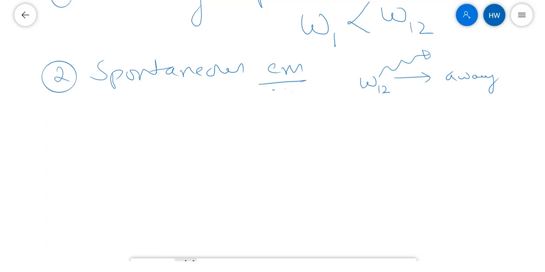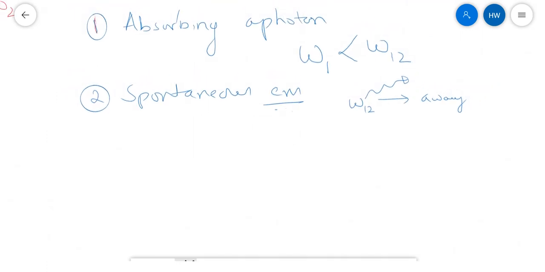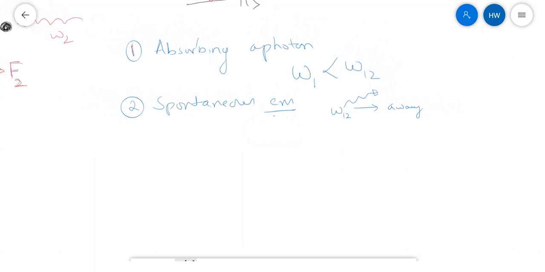You understand? So you see that even in terms of energetics, this works out very well. And of course, the other way around is not going to work out, because the spontaneous emission photon will always be just omega 1 2, and if the photon carries away some amount of energy and the original energy was larger than that, that is, if omega 1 was larger than omega 1 2, then that remnant extra energy would be converted into the atomic motion itself.